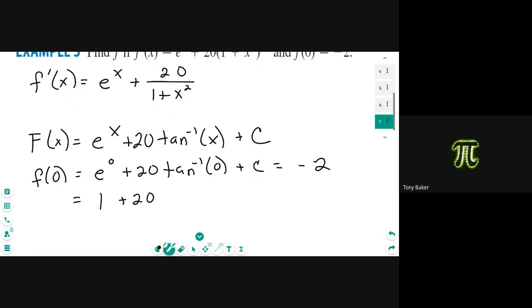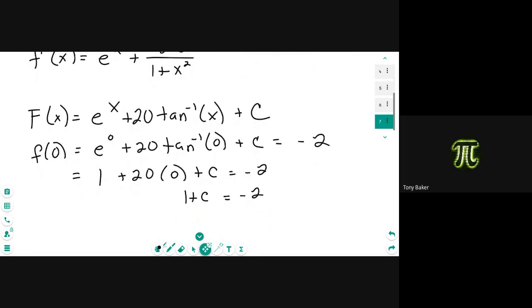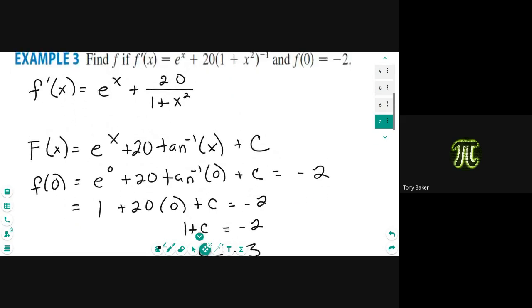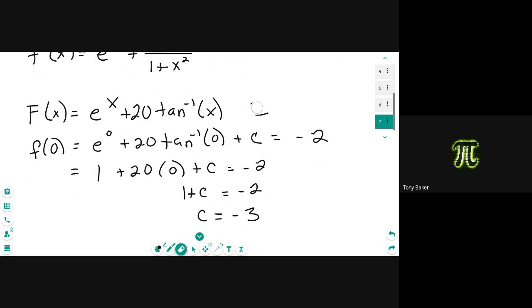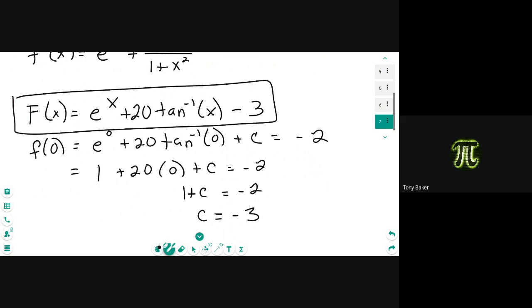Yes, because the angle that would give you 0 is 0. So I have 1 plus c equals -2. So c would be -3. So when I write my final statement, my final equation, I don't have to put plus or minus c there. I put -3. And that would be the answer for the problem.